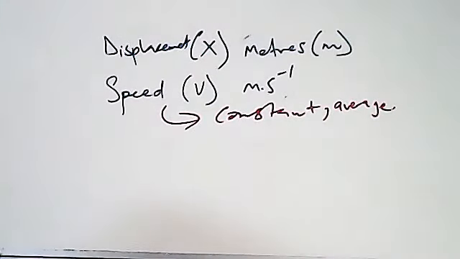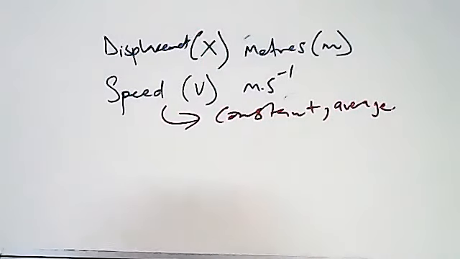Nothing changes. Both the distance and the time you cover are the same. Whereas average speed is the total distance that is covered in a total given time.